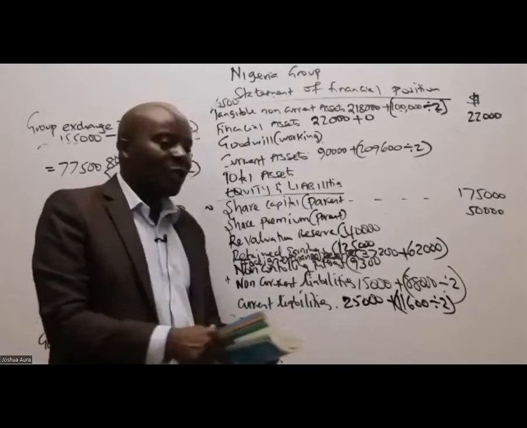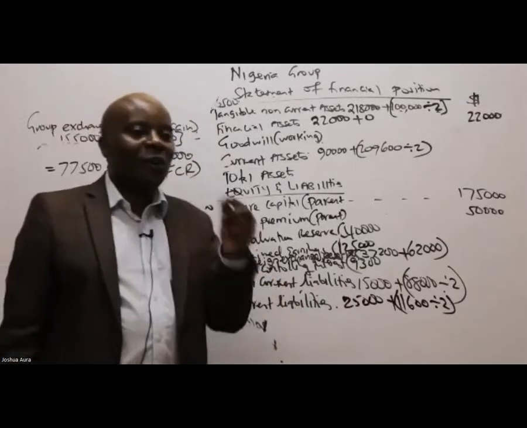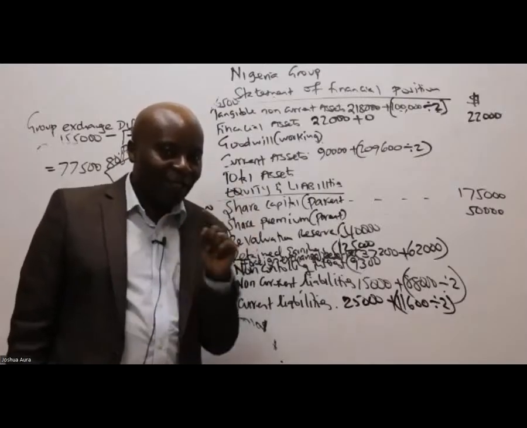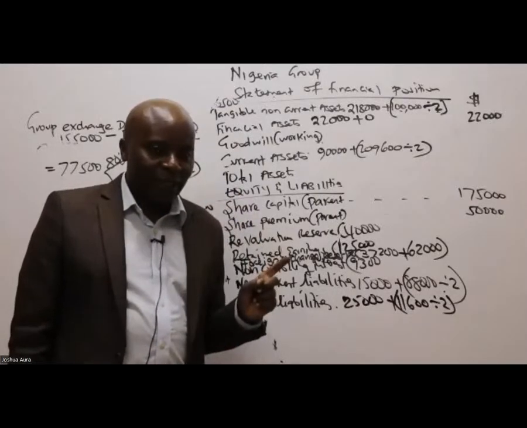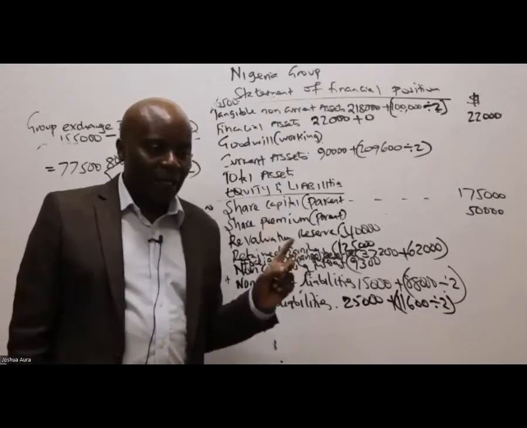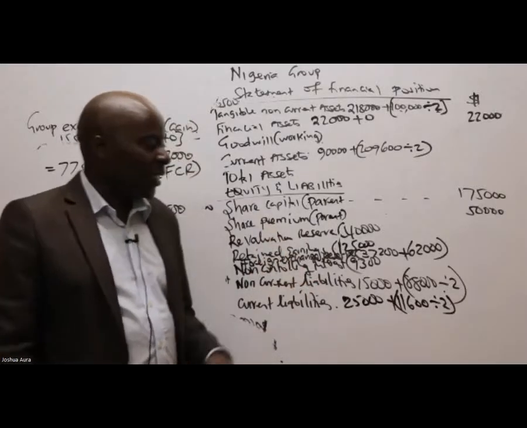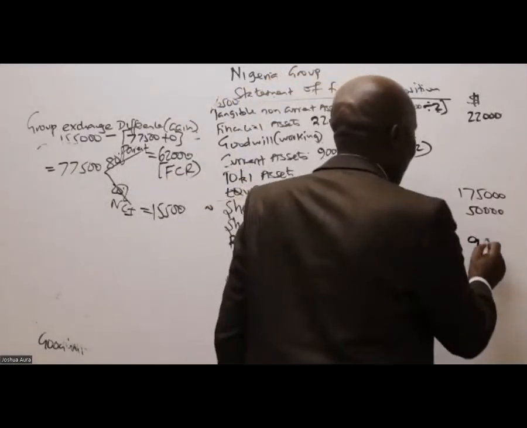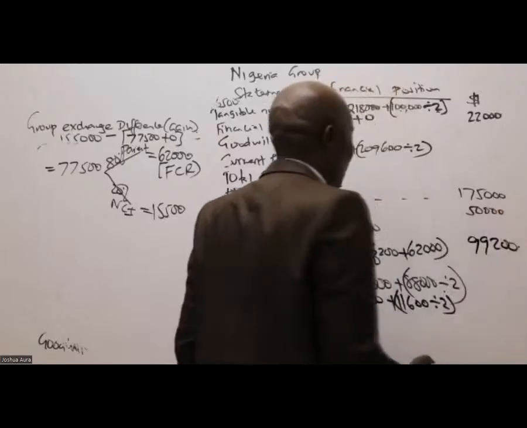Remember, foreign exchange reserve normally comes from retranslations of our net assets and the goodwill, only that. So somebody is giving us 99,200. I'm doing very well. 99,200, you leave it like that.